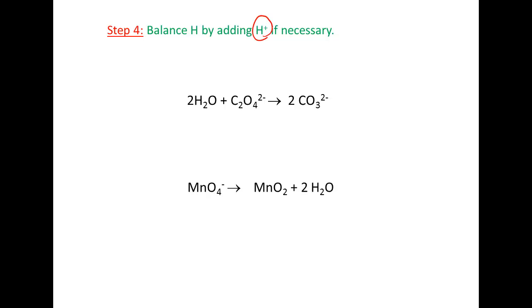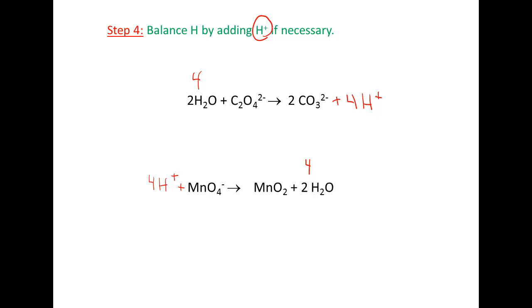In our first reaction we have 4 H's on the left side and 0 on the right, so we add 4 H+ on the right side. In the bottom reaction we have 4 hydrogens on the right side and none on the left side, so we add 4 H+ to the left side.